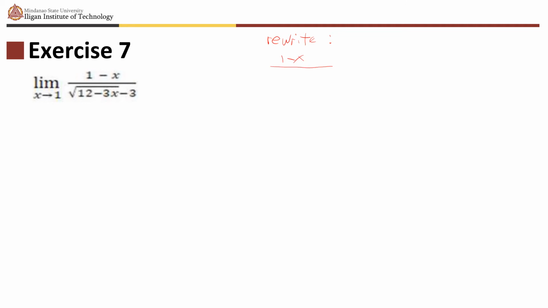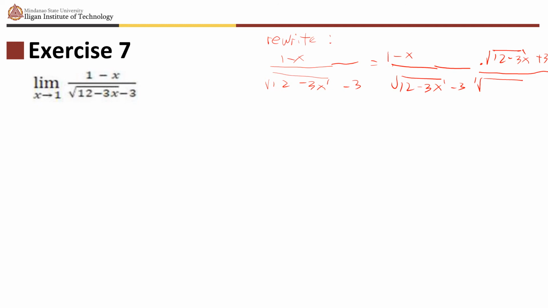We can rewrite 1 minus x over the square root of 12 minus 3x minus 3 as 1 minus x all over the square root of 12 minus 3x minus 3, by multiplying it with 1, which is of the form square root of 12 minus 3x plus 3 all over square root of 12 minus 3x plus 3.